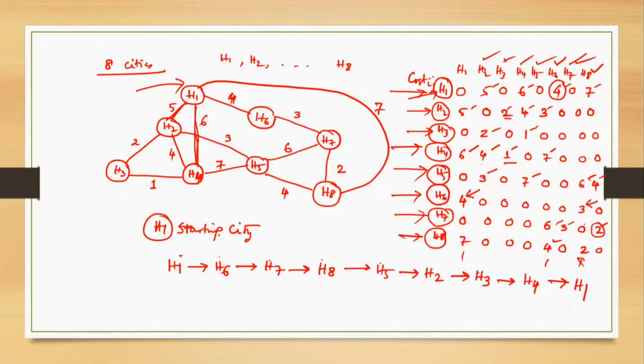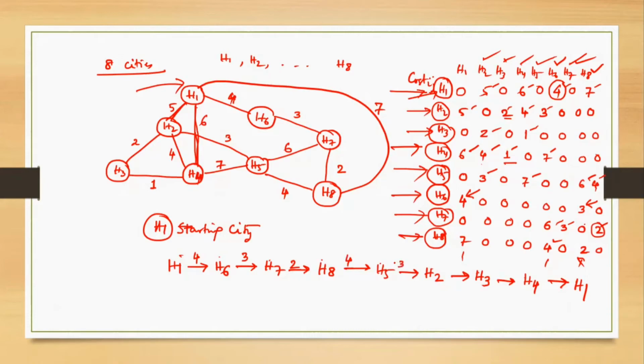Okay, so what is the distance? H1 to H6 was 4. H6 to H7 was 3. Then H7 to H8 was 2. H8 to H5 was 4. H5 to H2, how much is it?